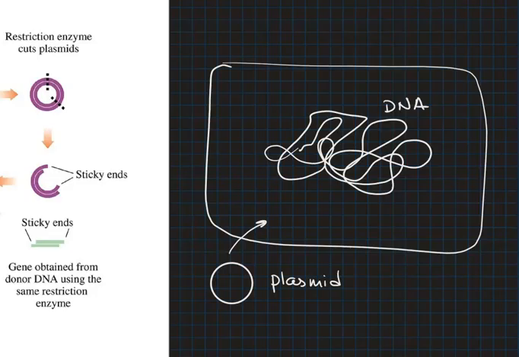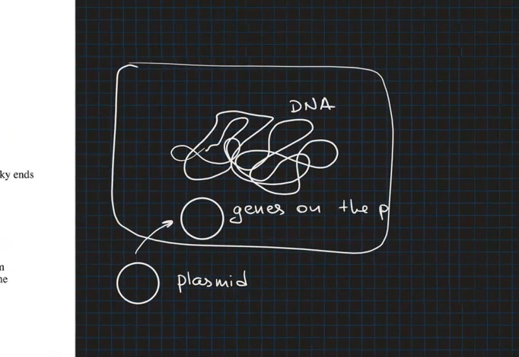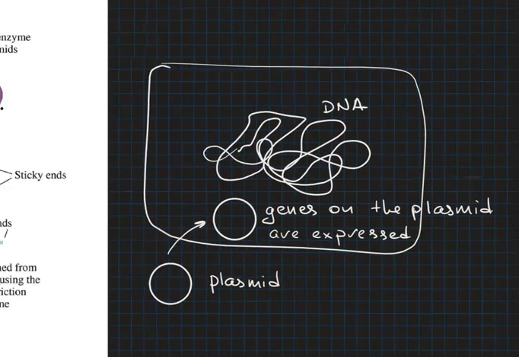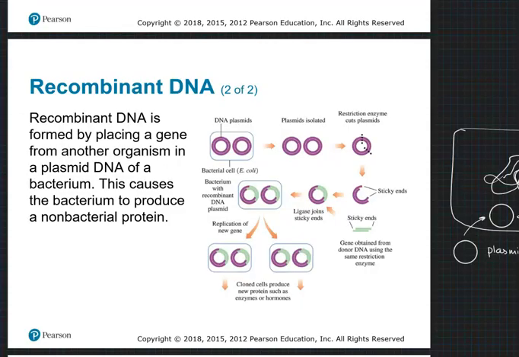Okay, so now it is inside the cell. So genes from the plasmid are going to be expressed. And the corresponding proteins are going to fill up the bacterial cell. The idea of a plasmid, does it make sense now?